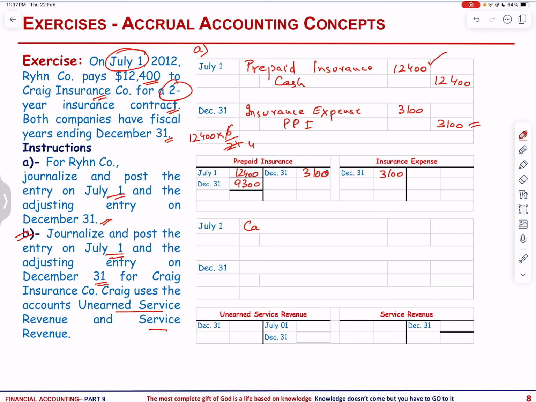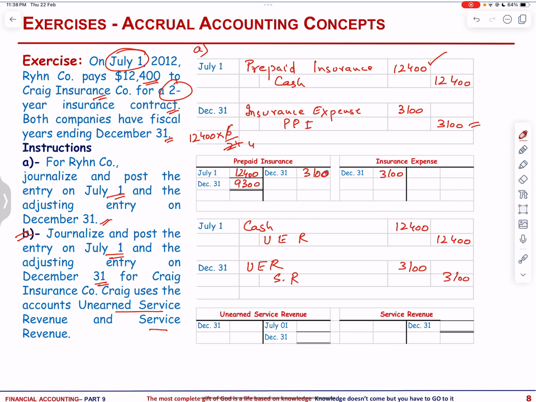So cash will be debit by 12,400, and this is a liability, unearned service revenue of 12,400. Then on December 31st, they are going to earn the revenue for 6 months. So unearned service revenue will be now debit by 3,100, and service revenue will be credit by 3,100.